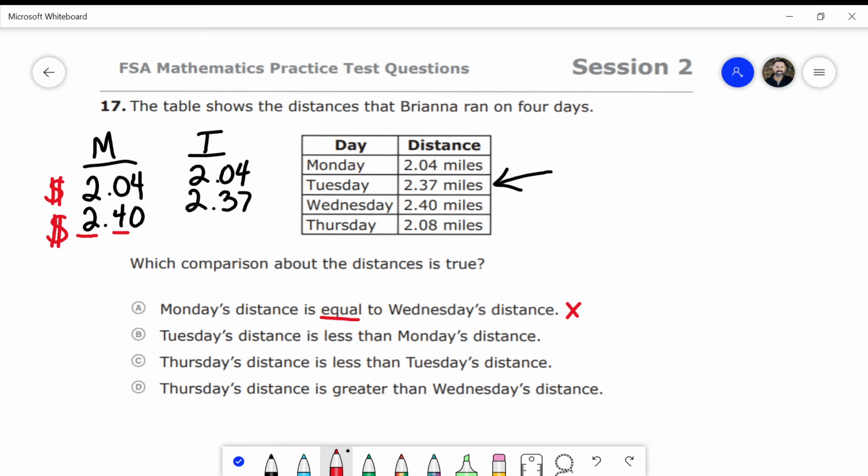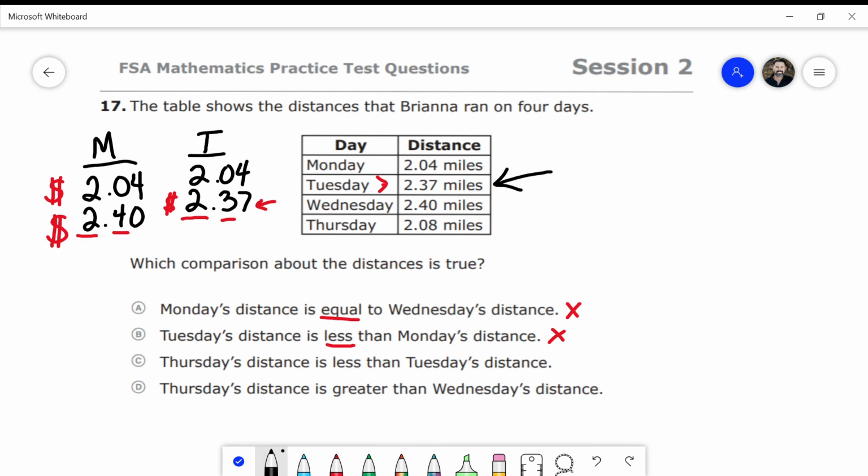So starting from the greatest place value, those are the same, the ones place value, and then the tenths is where we see a difference. So 2 37/100ths right here, or $2.37, well, that's greater. And that was Tuesday. So Tuesday is greater than Monday. But they're saying Tuesday is less than Monday. So that can't be it, right?